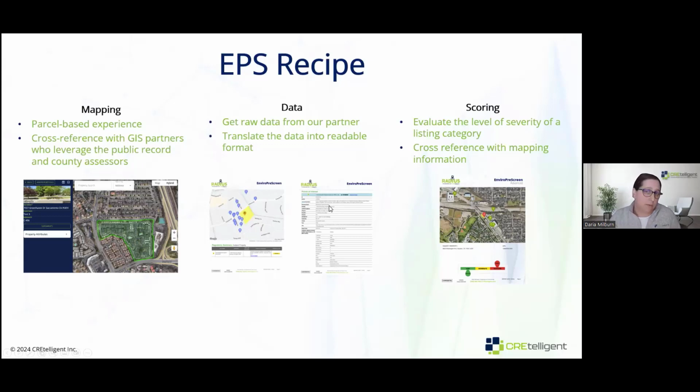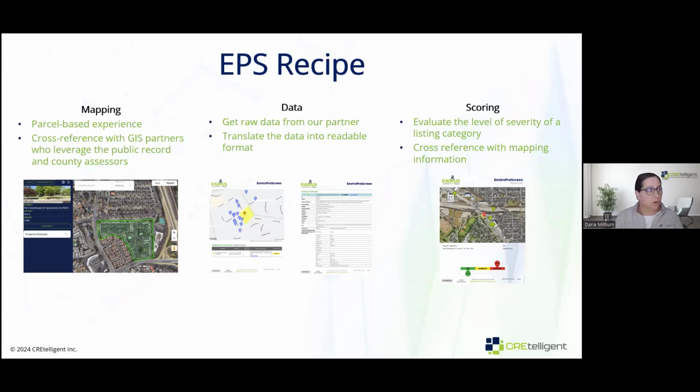And if you go into advanced details, you might see us organize it in a more readable format. Otherwise, there would just be a whole lot of words and code, and it would be difficult for you all to translate. From that point, we then go into our scoring, where we evaluate the level of severity of different categories for listings. And then we cross-reference that with some of the mapping information.